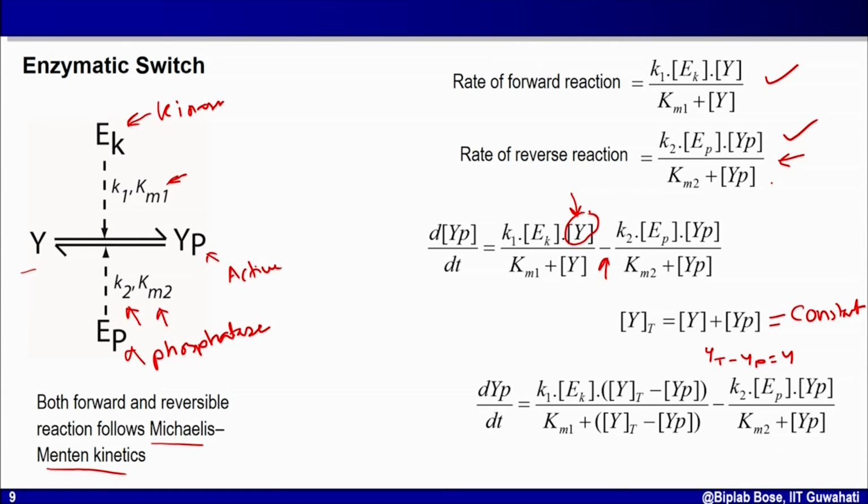So if I replace Y by Yt minus YP, I get this relation: dYP/dt equal to K1 Ek (Yt minus YP) divided by Michaelis-Menten constant Km1 plus (Yt minus YP), minus the reverse reaction rate K2 into EP into YP divided by Michaelis-Menten constant for the reverse reaction Km2 plus YP.